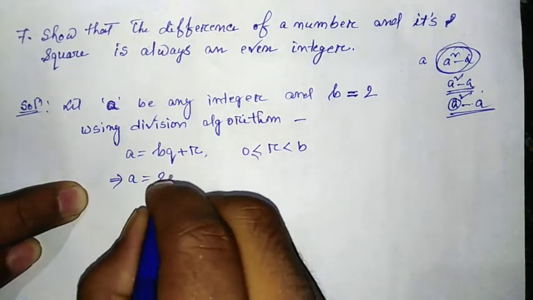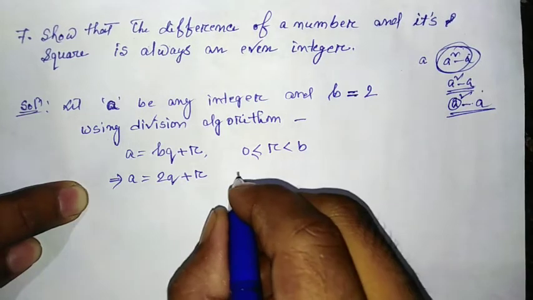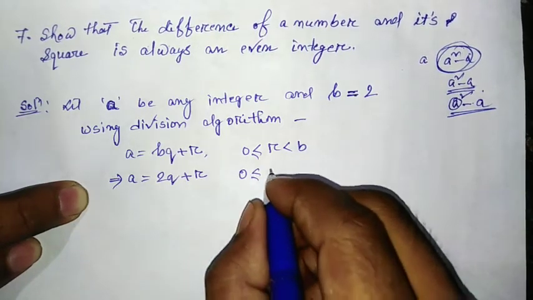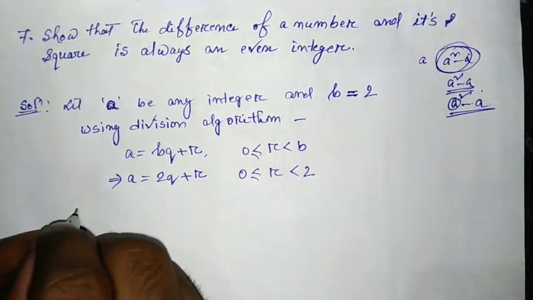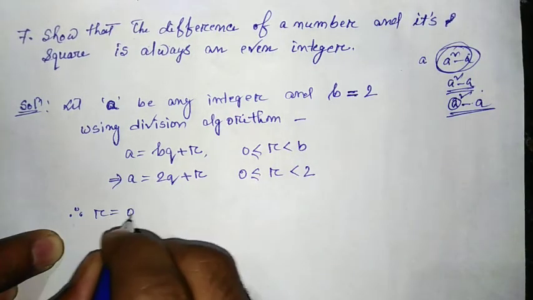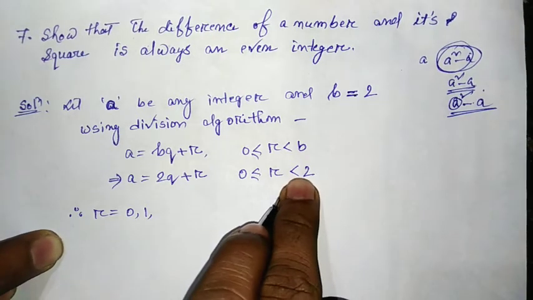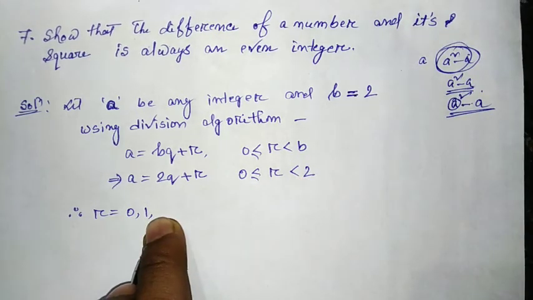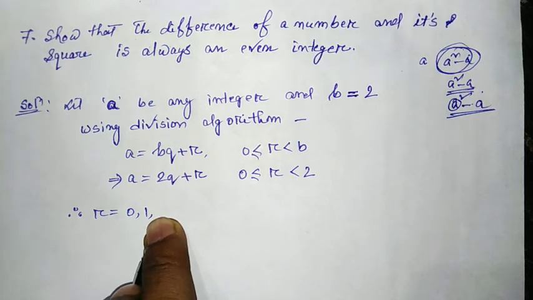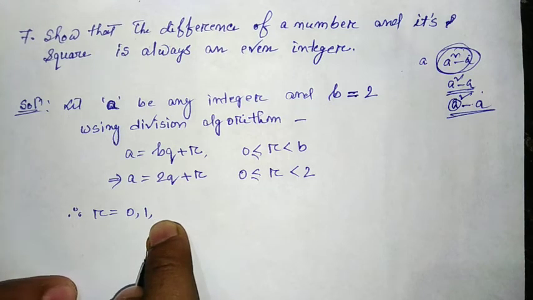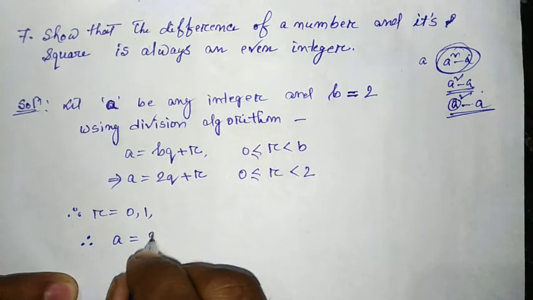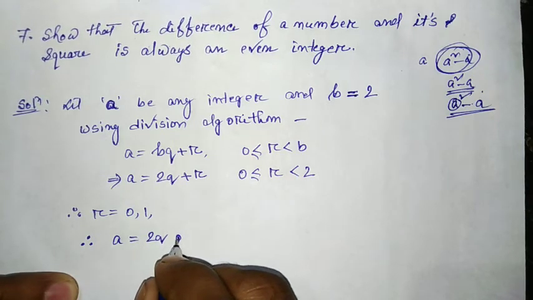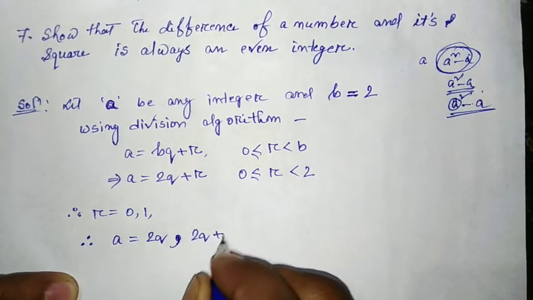So a is equal to 2q plus r, and here r is greater than or equal to 0 and less than 2, since the value of b is 2. Therefore the possible values of r are 0 and 1. After putting 0 and 1, we get the value of a as 2q or 2q plus 1.